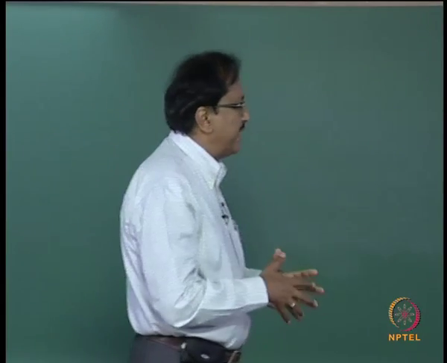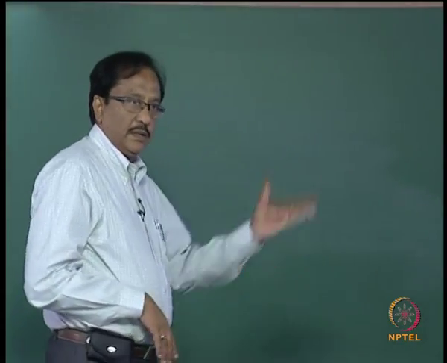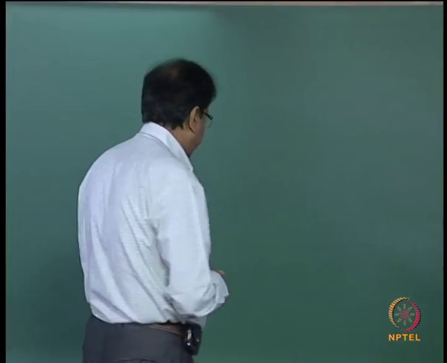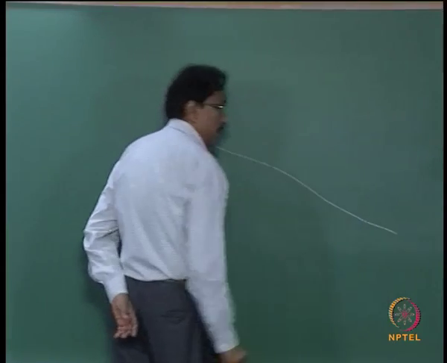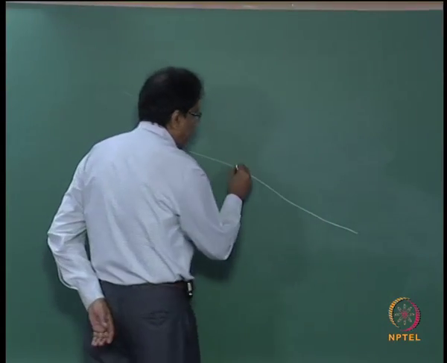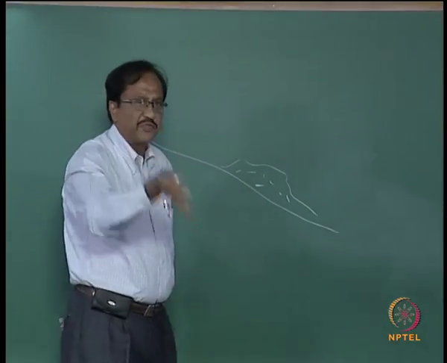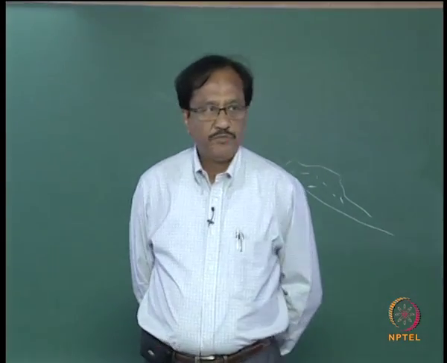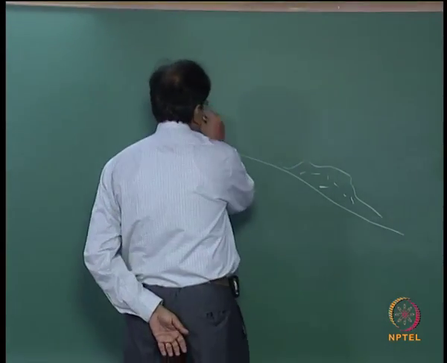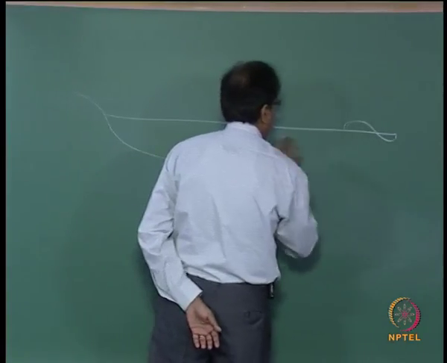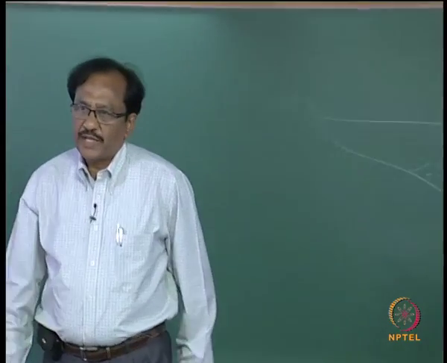So if you have energy dissipation taking place before the waves reach the coast, for example, if you have a coast and some kind of a natural reef, and now you have the waves propagating. What will happen in this case?